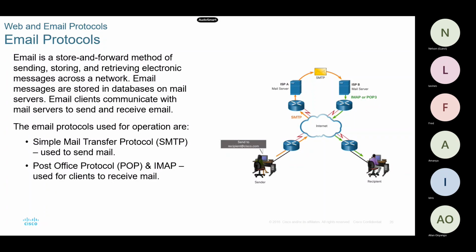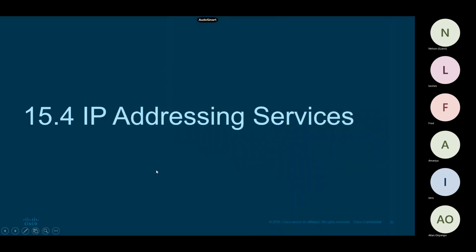With IMAP, you can receive an email today and read it. Tomorrow, you can refer to the same email. Next week, you can still refer to it. And in 5 years to come, you can still refer back to the same email. So those are the three email protocols that we have. The last two are for receiving, but IMAP is also used for retrieving an email that has been read before.